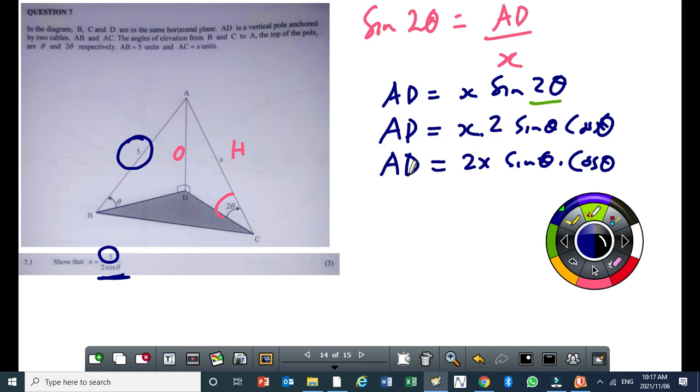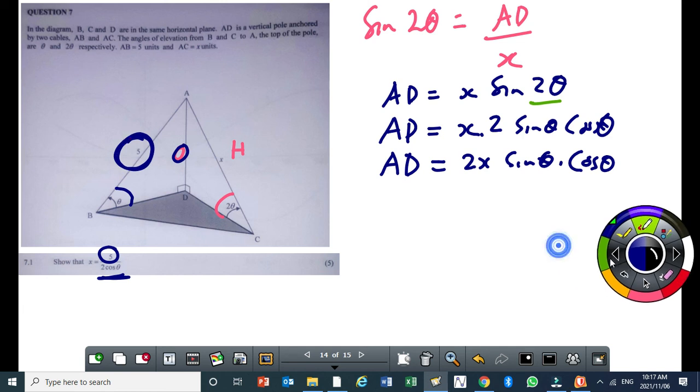Are you following that? Now that I know the length of AD, I'm now going to use triangle ABD. So this is now my reference angle. This is now the opposite side, that's the hypotenuse. Are you following? Yes.